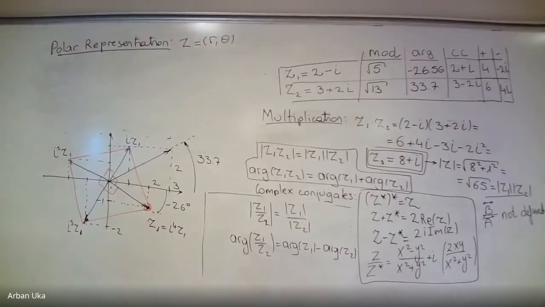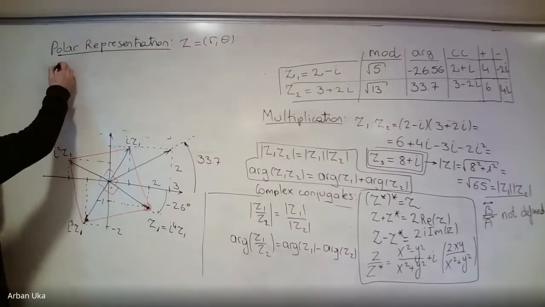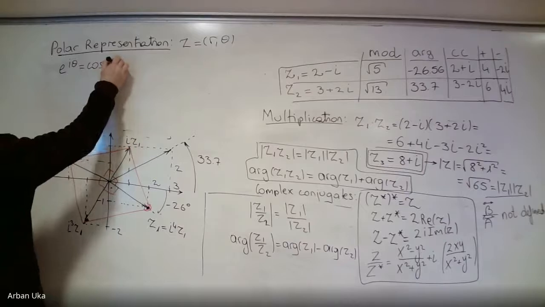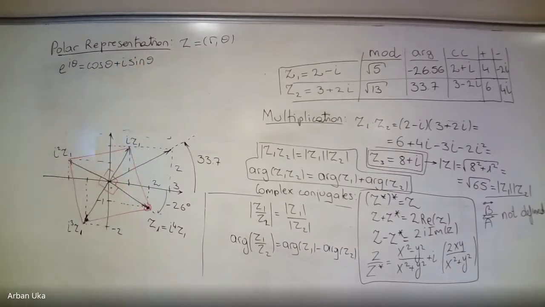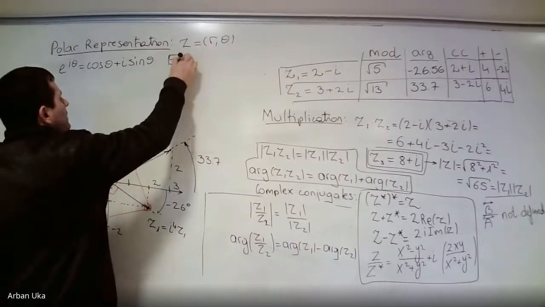It's way easier. So for the polar representation, we use an important identity, which states that e to the power I theta is equal to cosine theta plus I sine theta. Okay, and this is called the Euler identity.